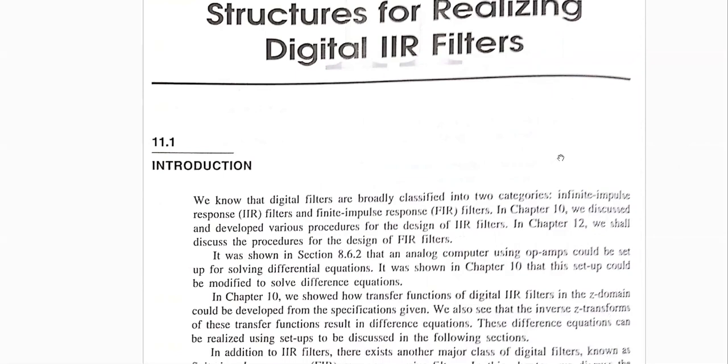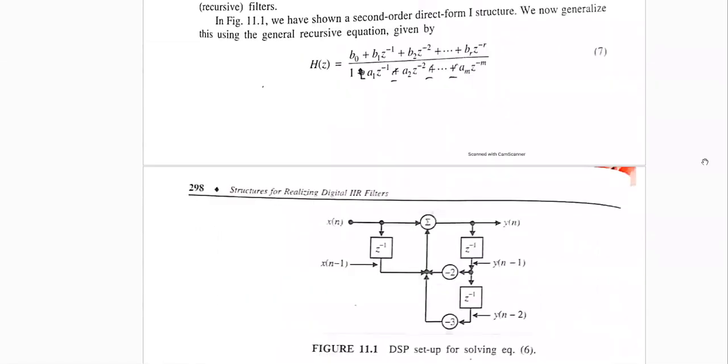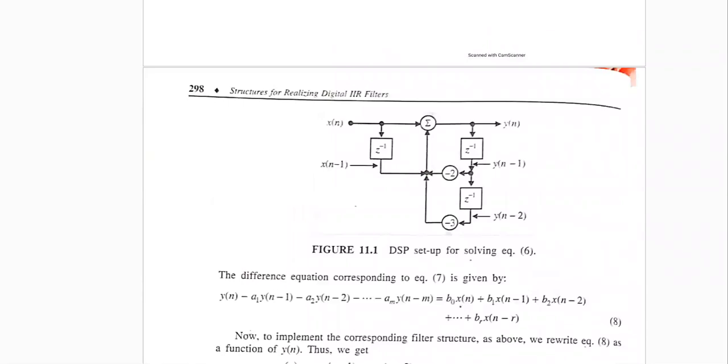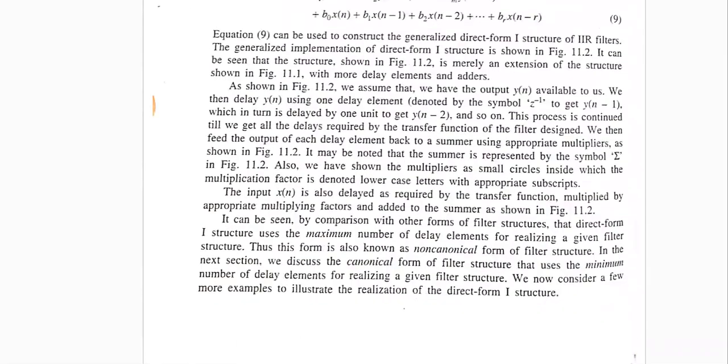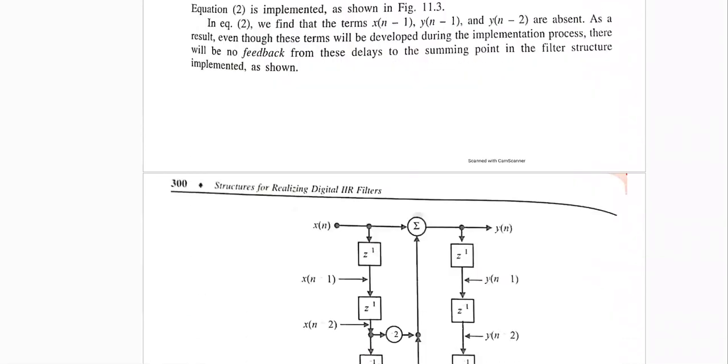I believe that this is very straightforward, how to build the structure practically, because we have done the filter design ourselves, the procedure, and now the implementation of the structure from the hardware point of view, or you can say from the logic point of view.